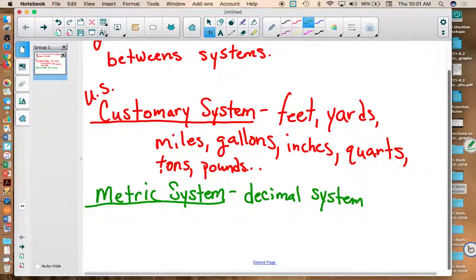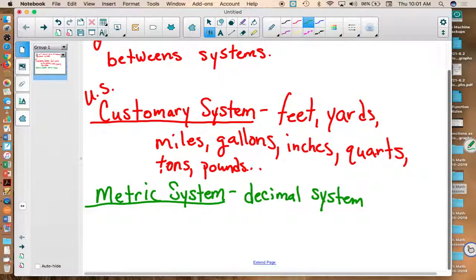And quite honestly, in a lot of ways, the decimal system is an easier system to work with, to understand. But we don't use it enough to be able to do those conversions from United States customary to metric.